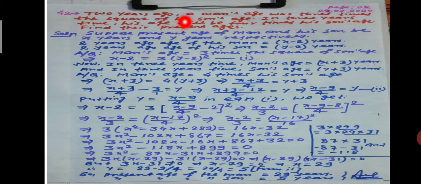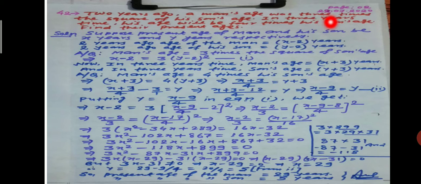According to the question, the man's age is 3 times the square of the son's age, that is x minus 2 is equal to 3 multiplied by y minus 2 the whole square. Equation first. Now in 3 years time, that means 3 years hence, the man's age will be x plus 3 years, and in 3 years time the son's age will be y plus 3 years.